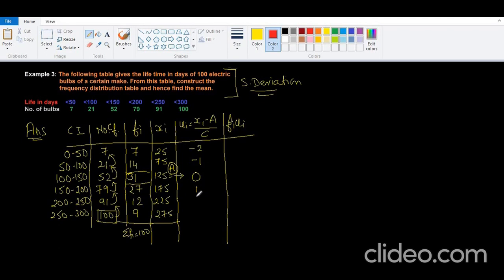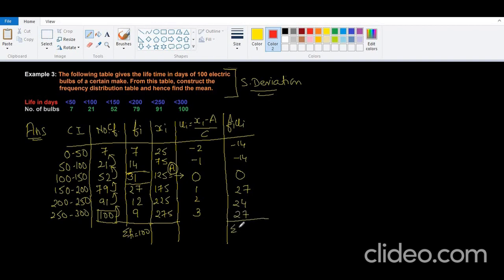Here it will be positive. Now multiply Fi and Ui. So here you will have minus 14, here minus 14. 31 into 0 is 0. 27 ones are 27. 12 twos are 24. And 9 threes are 27.